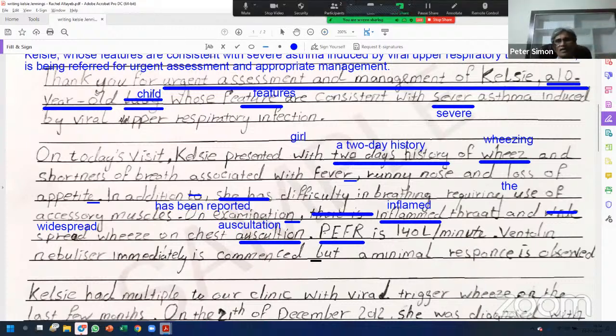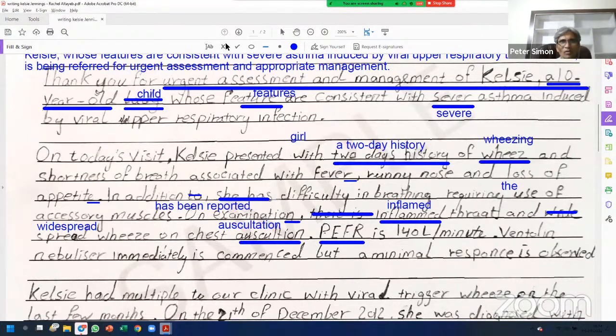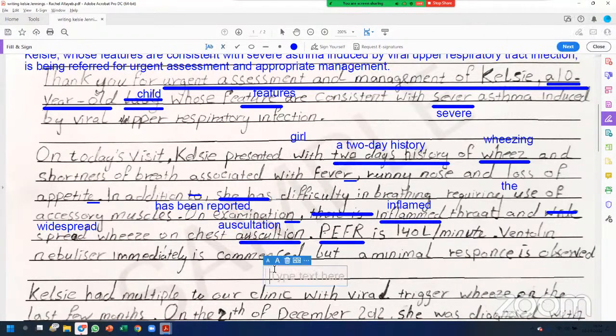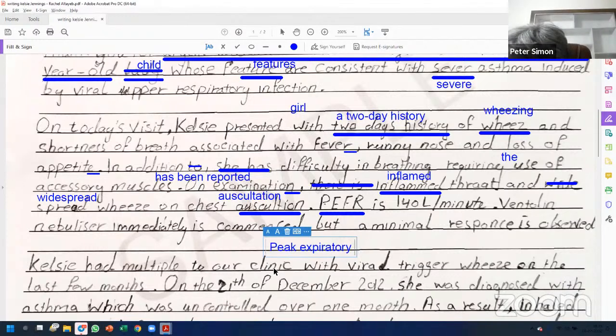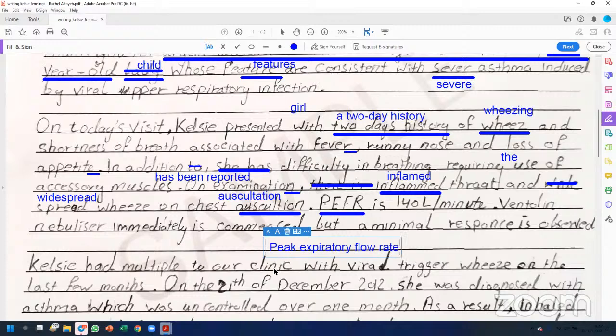Can you type it in the chat box? Peak expiratory flow rate. First letter capital only. F-L-O-W. Flow rate. That's it. Write it like this.